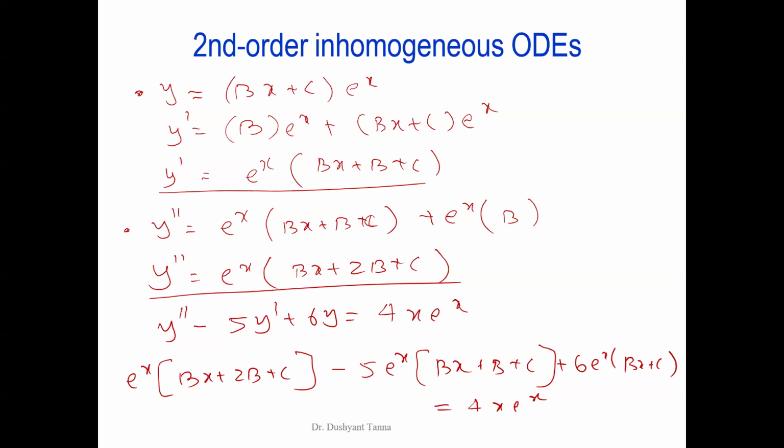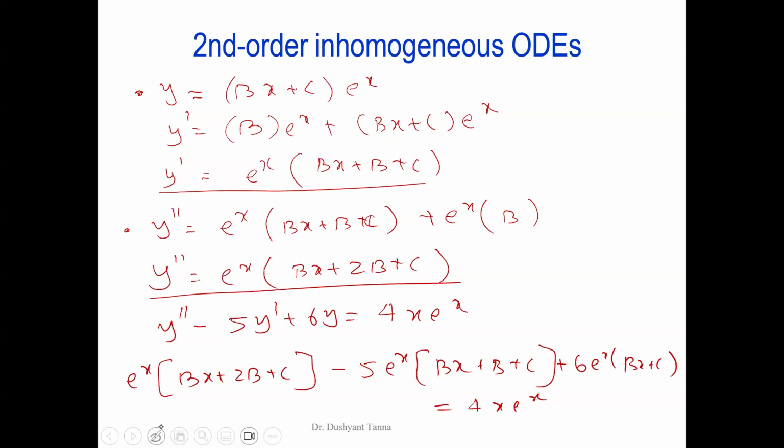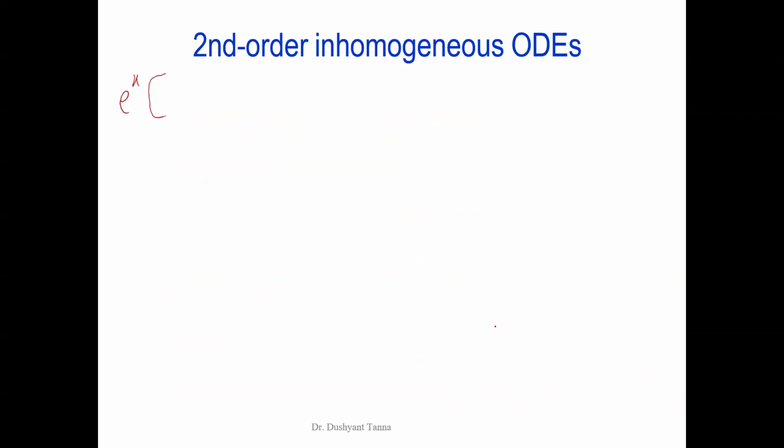Again, make sure that when you are combining, you are taking care. So let's keep e raised to x outside. Inside, focus on the x terms first. How many x terms do we have? We have an x term here, here, and here. That will give us Bx minus 5Bx plus 6Bx.